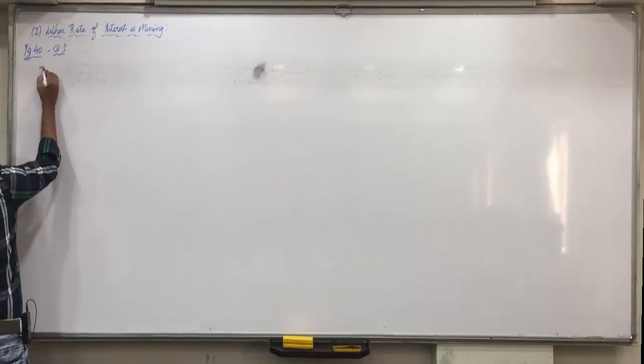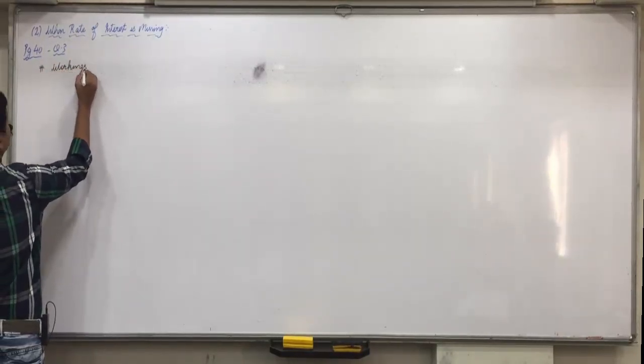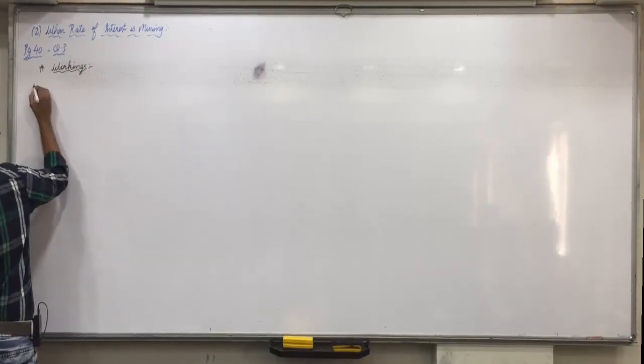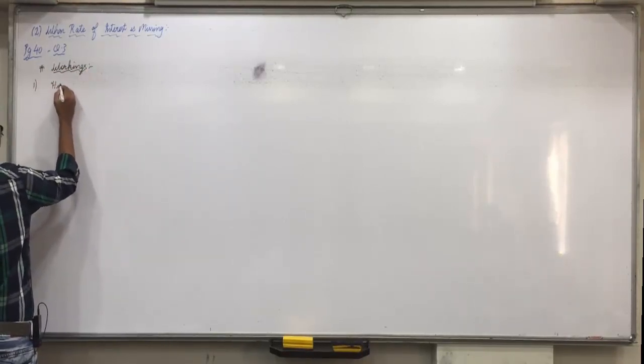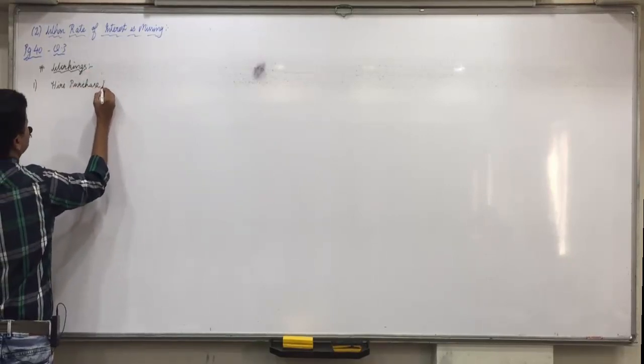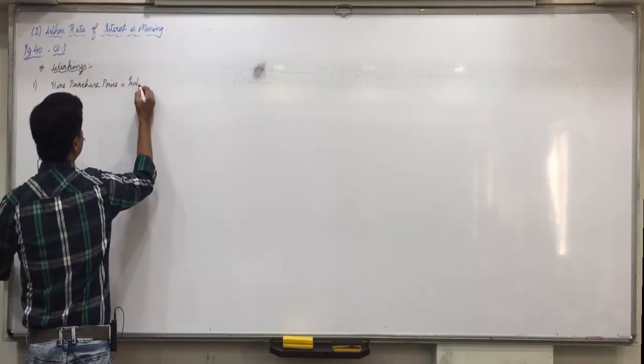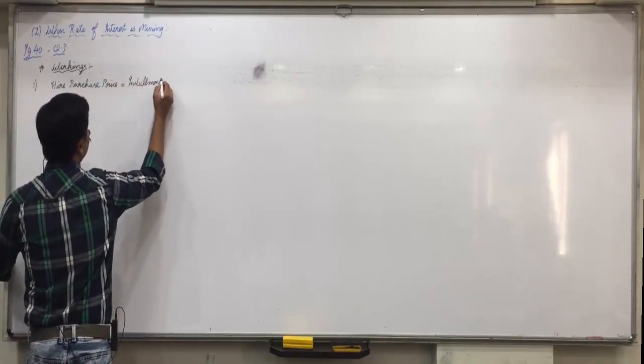So write down. Working note 1. First we find hire purchase price. That is installments plus down payment.